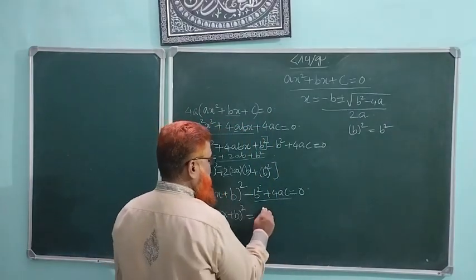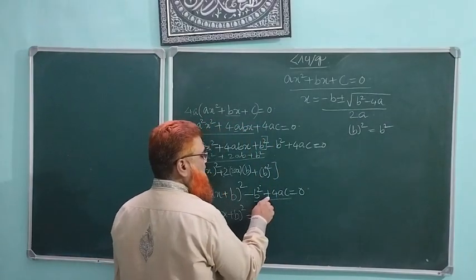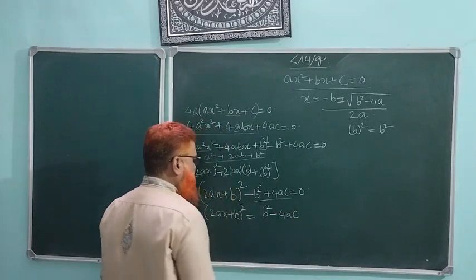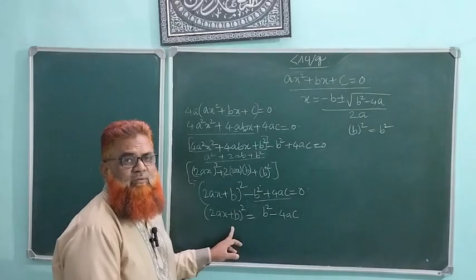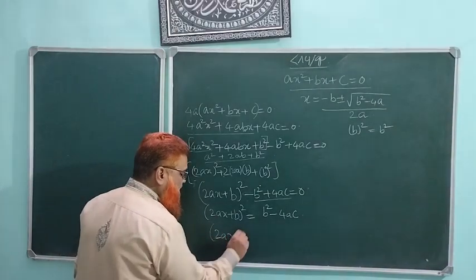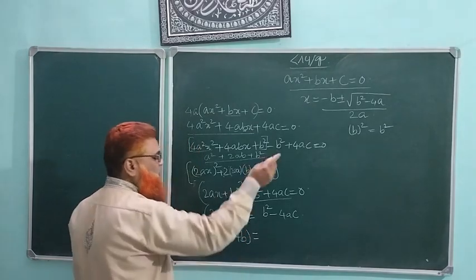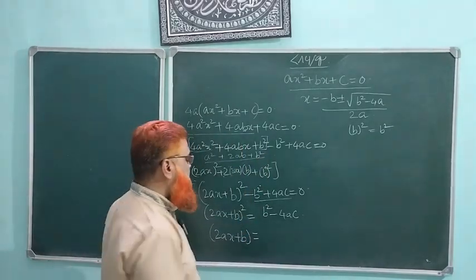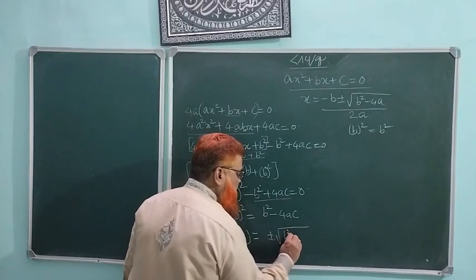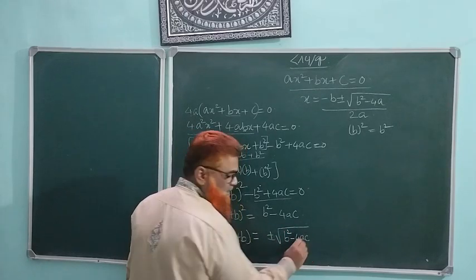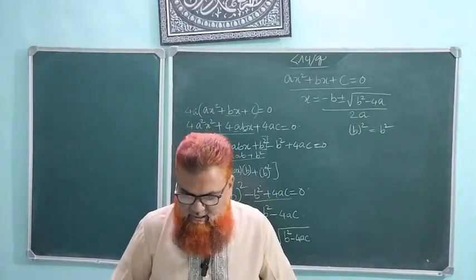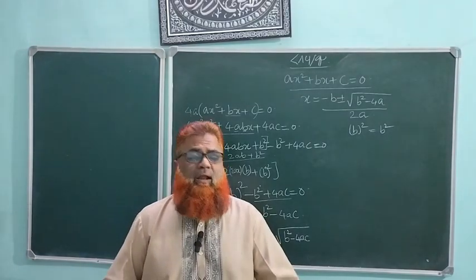Here minus b square becomes plus b square, plus 4ac, and on the right side of the 0 it becomes minus 4ac. Now the left side has the square form, so remove the square. 2ax plus b is equal to, when the square is removed, a root is applied on the right side, square root of b square minus 4ac.